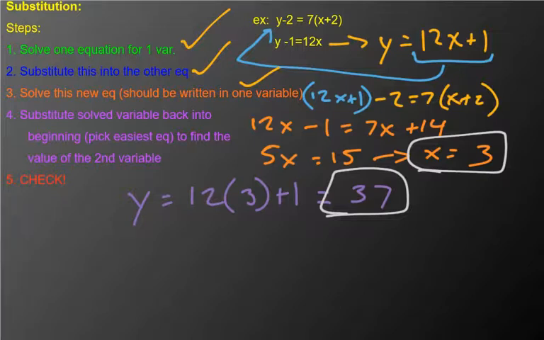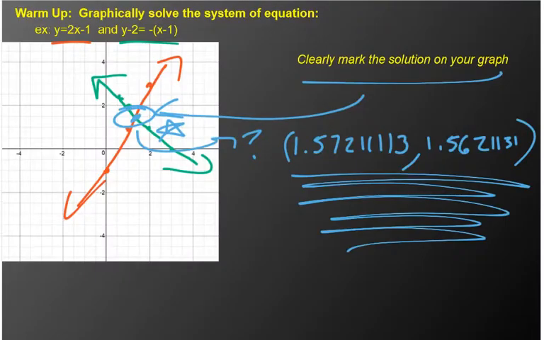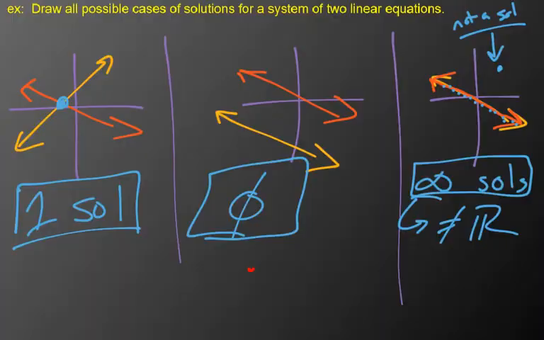So it's looking like y equals 37 and x equals 3 are the two answers, but these are the kind of problems where you can check really easily. You should take these two numbers and plug them into both equations. They have to work for both of these equations. That's what it means to work for a system, right? The point (3, 37) should be a point on both lines, so in a sense it solves both of them.